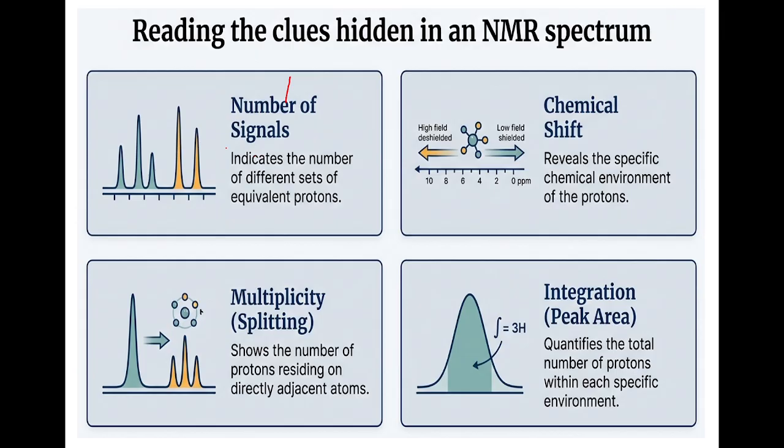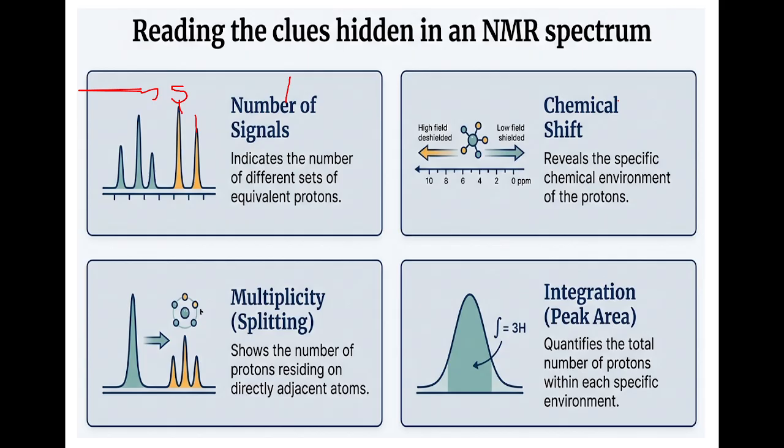One, number of signals. So 1, 2, 3, 4, 5. That tells me there are 5 different hydrogen environments. It means there are 5 hydrogens in the molecule that have different environments. They are chemically non-equivalent.